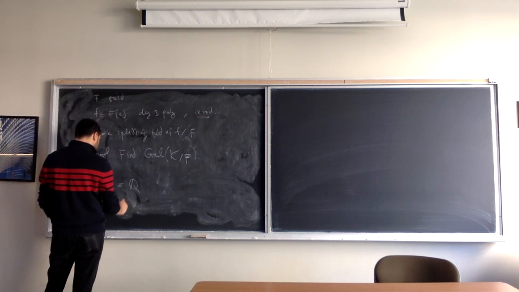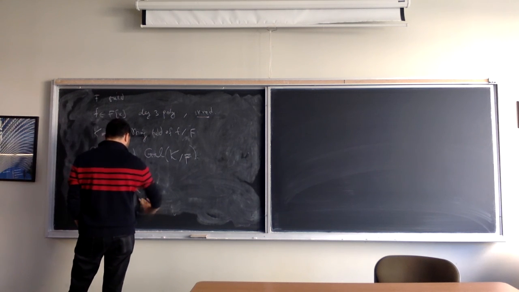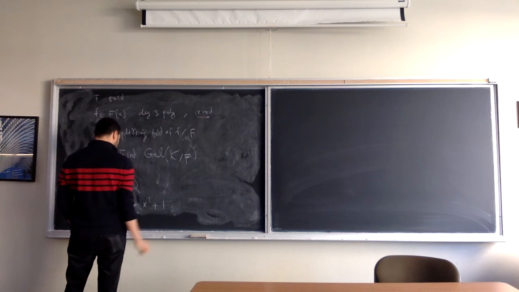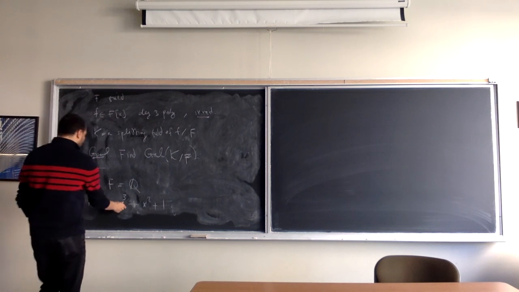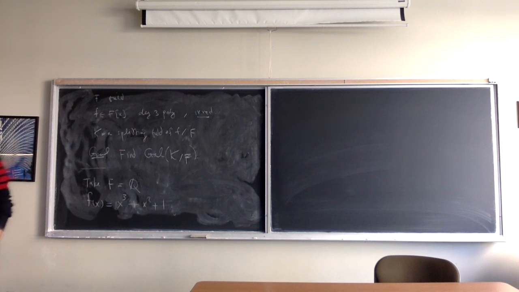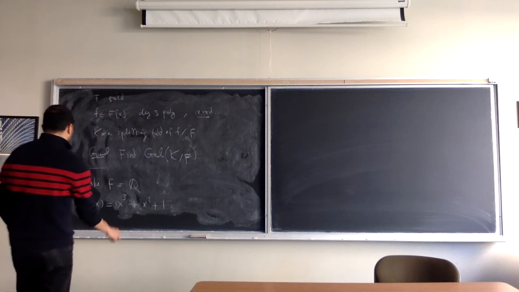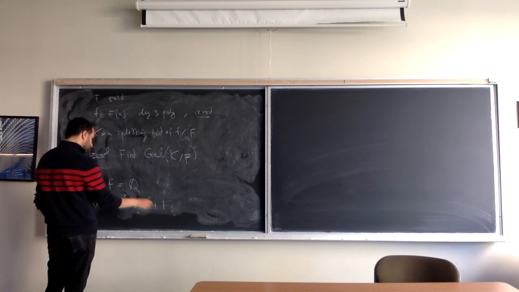How about x cubed plus x plus 1 plus x squared plus 1. Now, this is a polynomial of degree 3, with coefficients in Q. Being irreducible is the same as having no roots in Q. Now, this guy has integer coefficients.